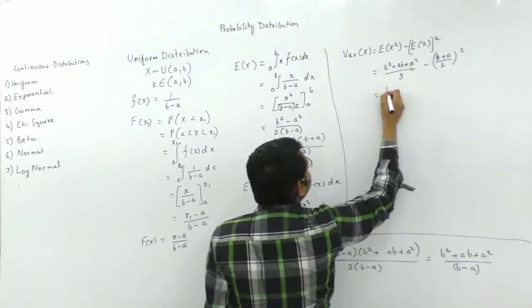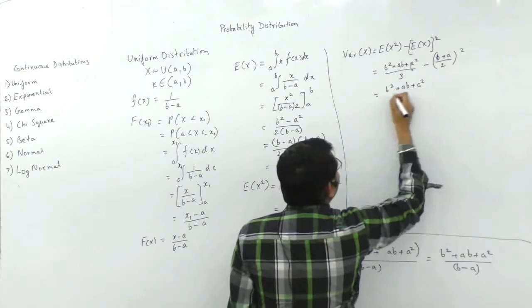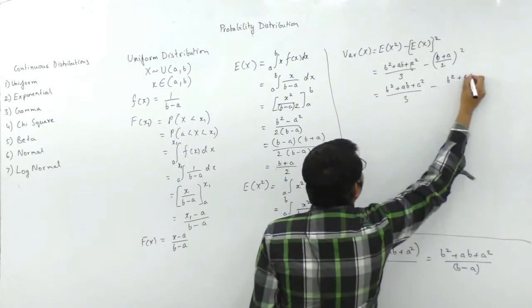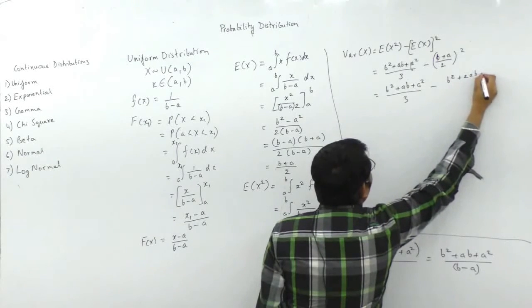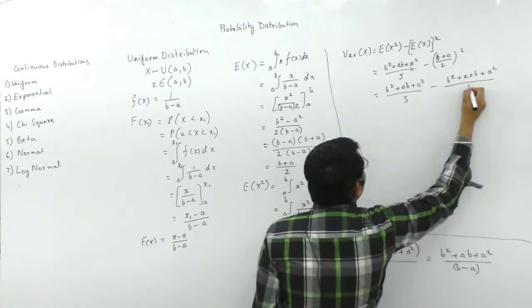Or we can write this as (b square plus ab plus a square) by 3 minus (b square plus 2ab plus a square) by 4.